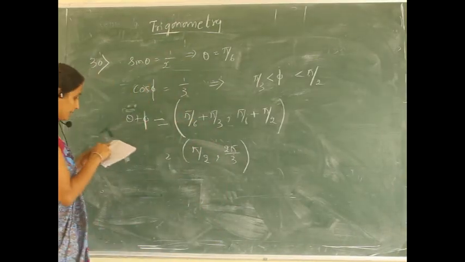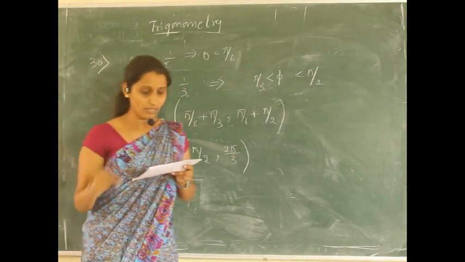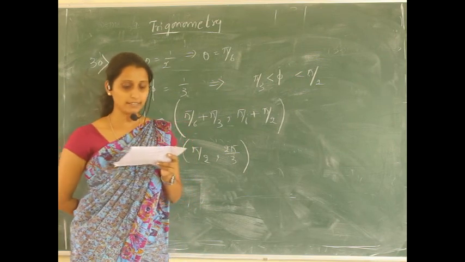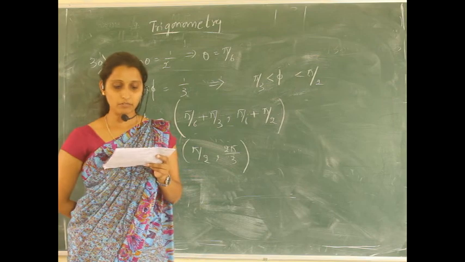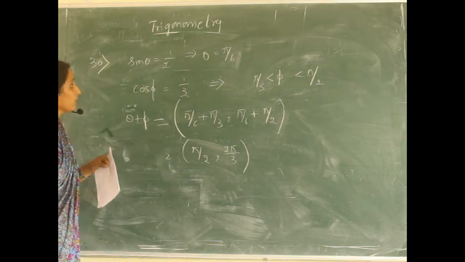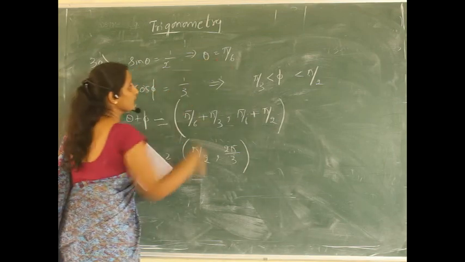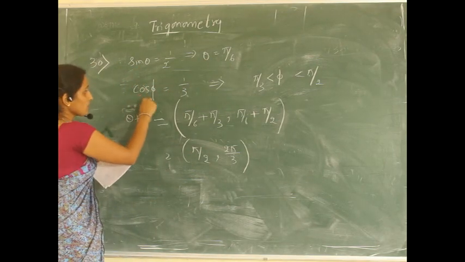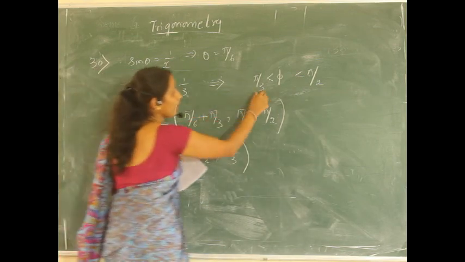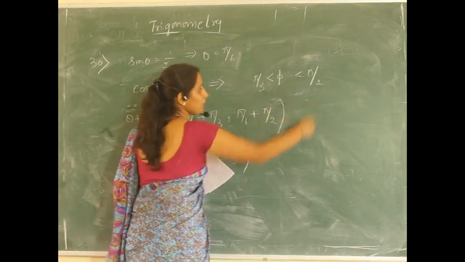The next question is the 30th one. If 0 less than theta and phi less than pi by 2, and sin theta is given as half and cos phi is given as 1 by 3, then theta plus phi belongs to which interval? Sin theta is half means theta is pi by 6. Cos phi is 1 by 3 means phi will be in between pi by 3 and pi by 2.